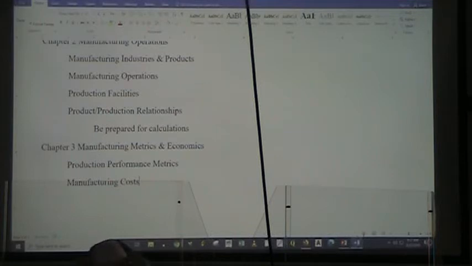These are both very important sections within this, and once again, be prepared for calculations. Make yourself up a cheat sheet of the formulas from the book.